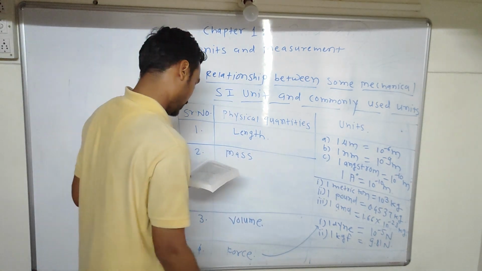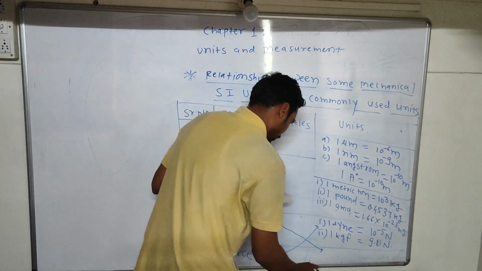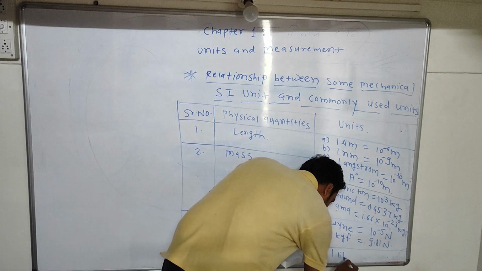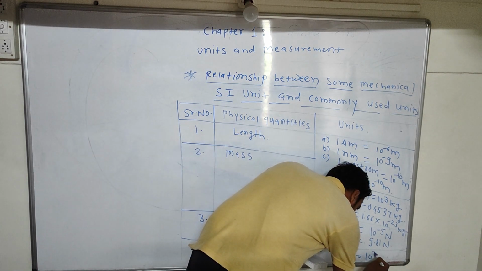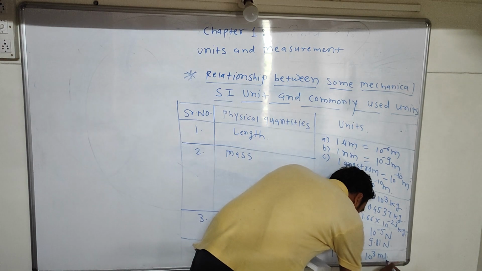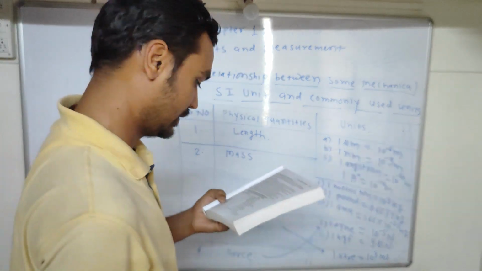Then we have to see the conversion of volume unit, right? 1 liter is equal to 10 raised to 3 milliliter, right?